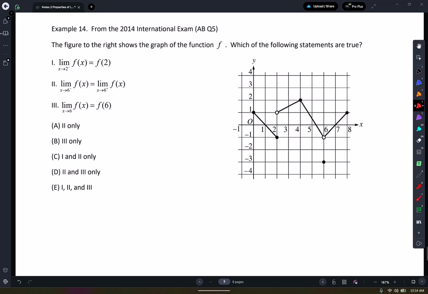Let's see. Limit as x approaches 2 from the left equals f of 2. Is that true? Yep. Limit as x approaches 6 from the left equals the limit from the right. Is that true as well? Yes. Limit as x approaches 6 of f of x equals f of 6. Is that true? No. So the correct answer is C, 1 and 2.